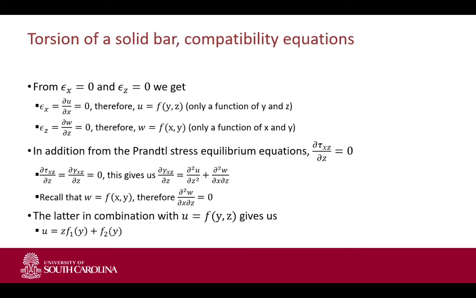We come up with a set of observations that we can use to our advantage: if the strain in x is equal to 0, then the displacement function u must be a function of y and z. And if the strain in z is equal to 0, then the displacement function w must be a function of x and y only, and no longer z.